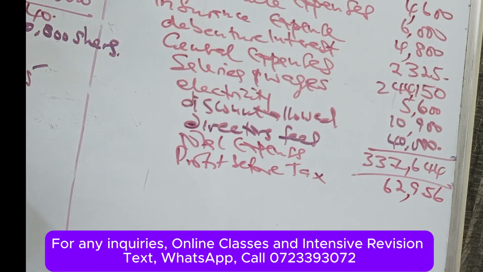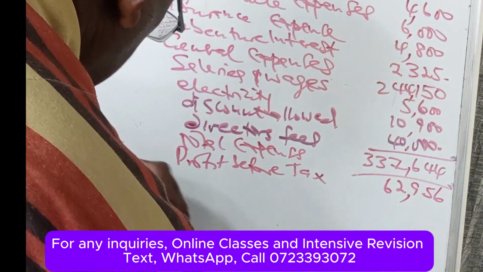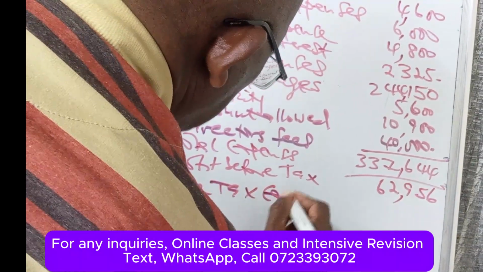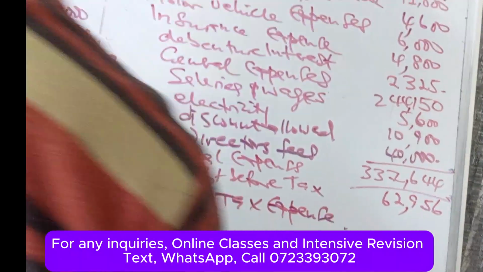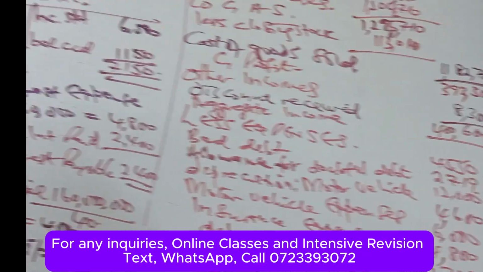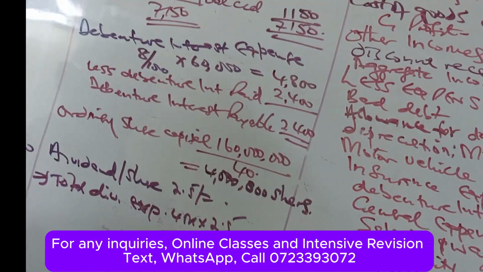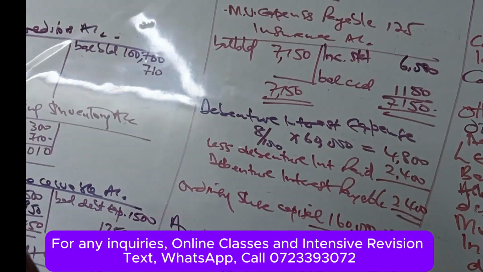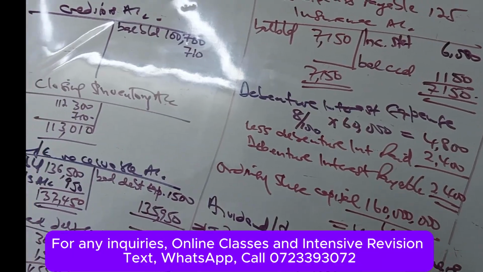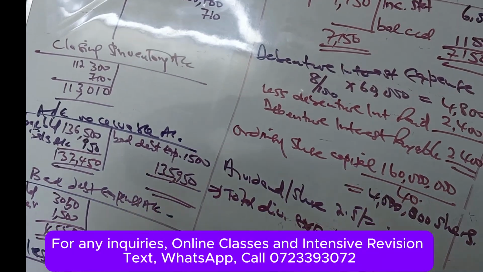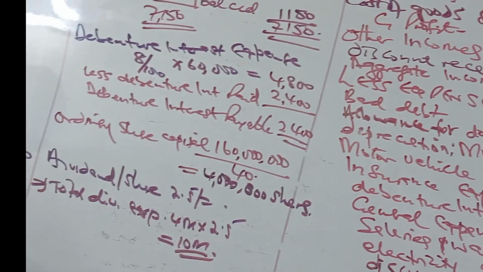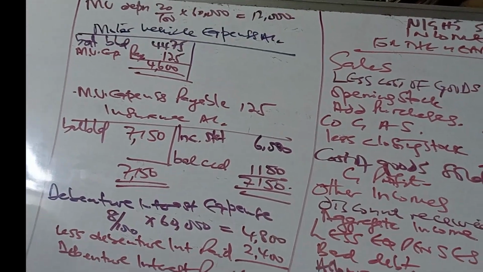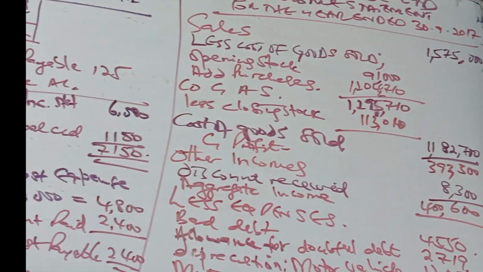So we subtract less income tax expense. And we said, always look at your workings. Ensure that you put everything in your workings so that you are able to find out everything. So, where is our income tax? We didn't write our income tax. But the question tells us additional information number 8. Corporation tax.